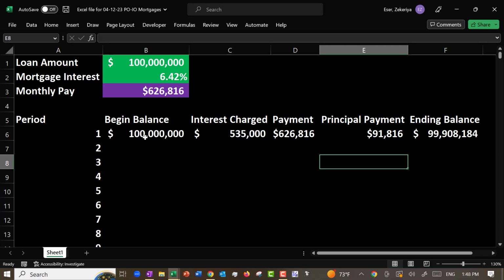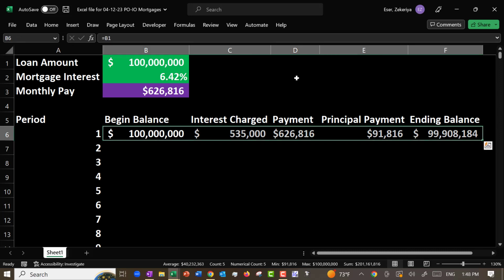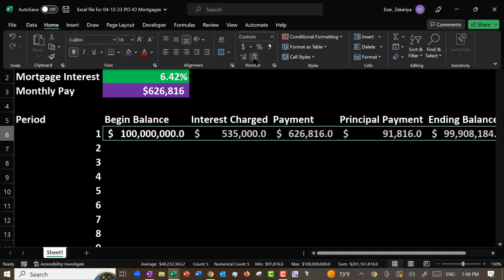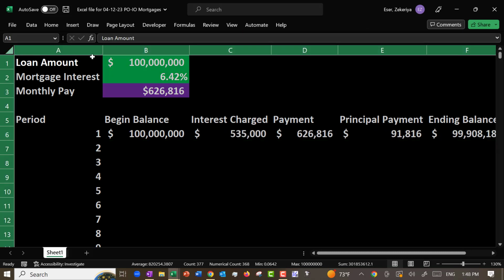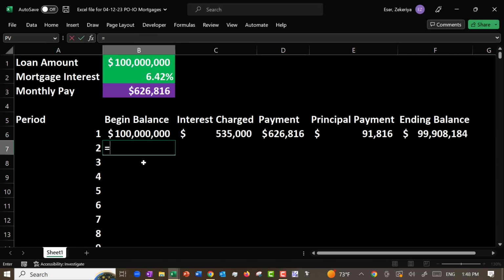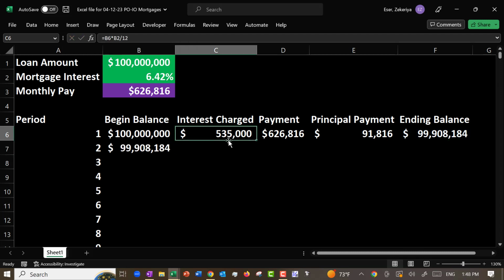I want all of this. Well, second month, the beginning balance is the ending balance of that. That should be actually, yeah, that should be a fixed reference.